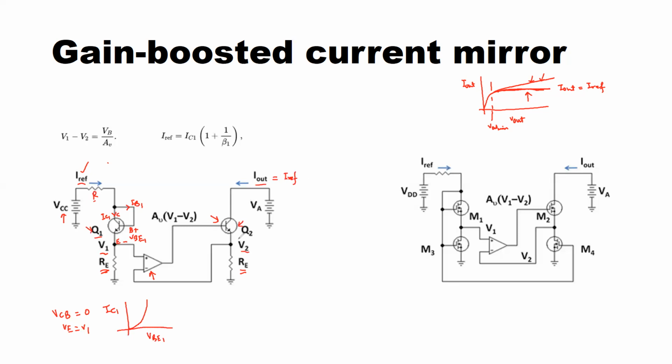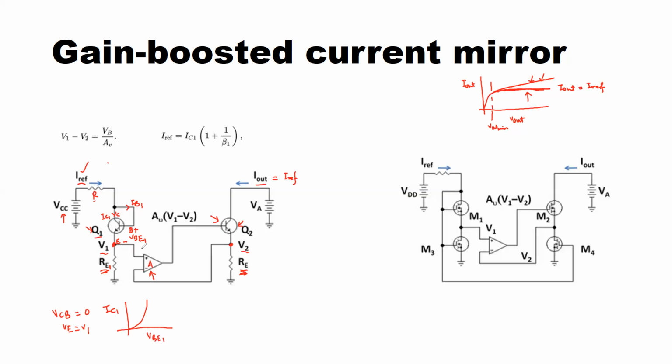Now, the role of the OpAmp we need to understand. So what you see here is an operational amplifier, which is essentially a difference amplifier, which amplifies the difference between the two voltages applied to its terminals. It has a positive terminal, which is tied to this voltage V1, which is the voltage drop across the resistor RE of transistor Q1, and its negative terminal is tied to the voltage V2, which is the voltage drop across the resistance RE of transistor Q2.